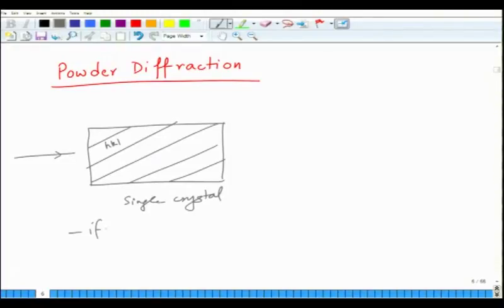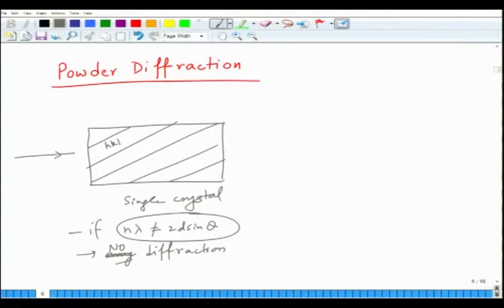So, if n lambda is not equal to 2d sin theta, you will have no diffraction, okay, if this equation is not satisfied, because you have only one set of planes at a given orientation.